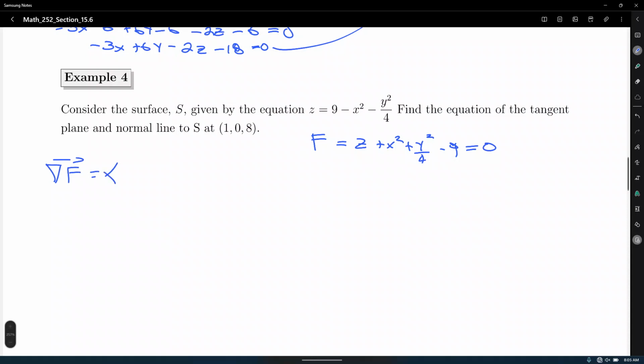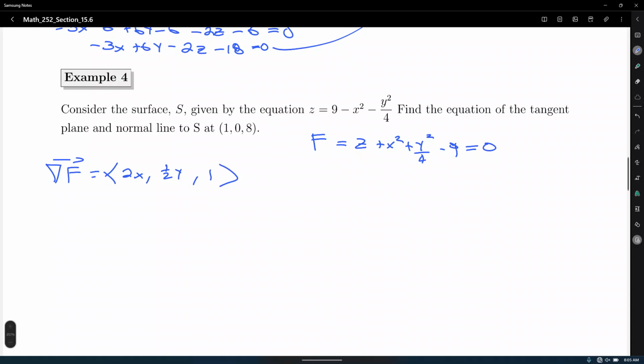With respect to x, that is 2x. With respect to y, that is, negative 1/2? Oh no, it's positive 1/2 y, comma, 1. So that is our gradient here.